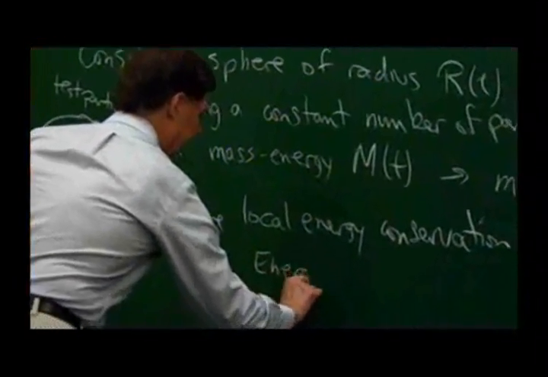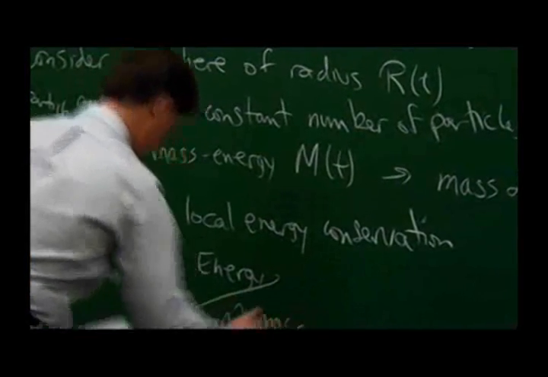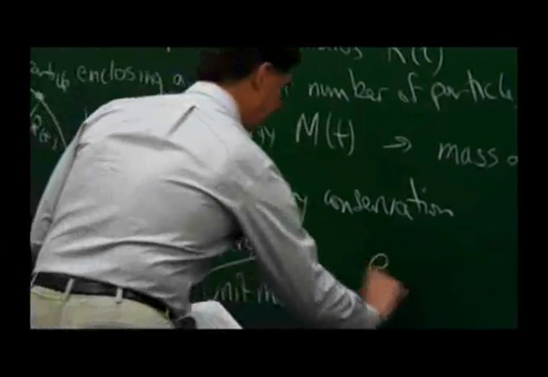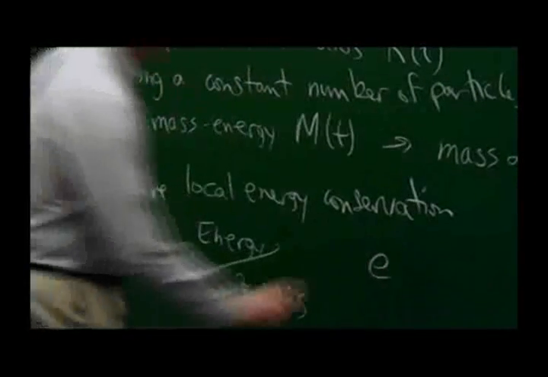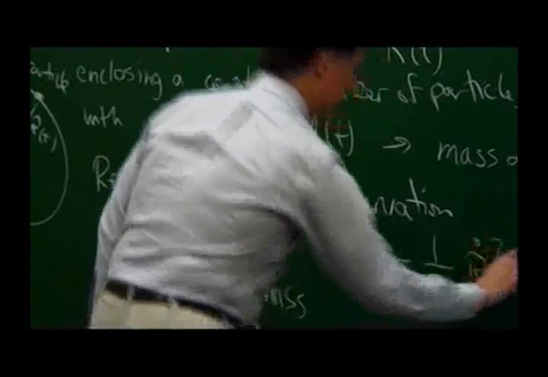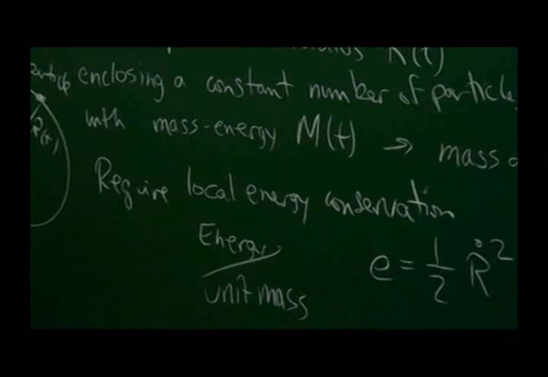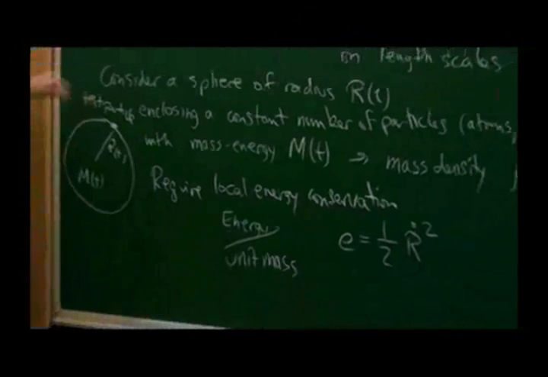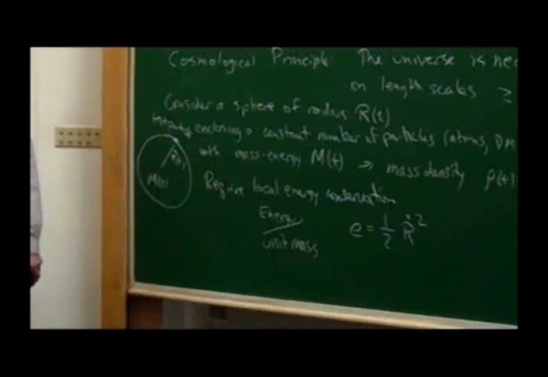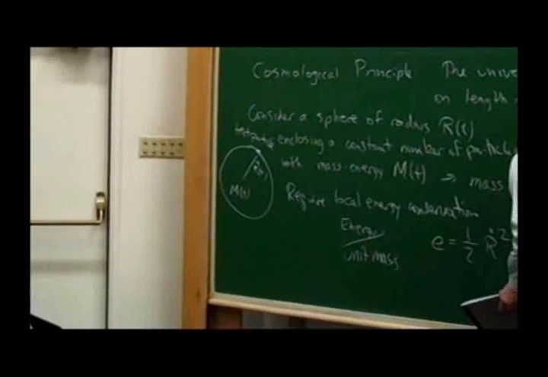And the energy per unit mass of that particle, which I will call little e, is the kinetic energy per unit mass, a half of velocity squared. I'm assuming here that the sphere is only expanding in the radial direction, which is appropriate for uniform expansion. And then I have to subtract off the gravitational energy.